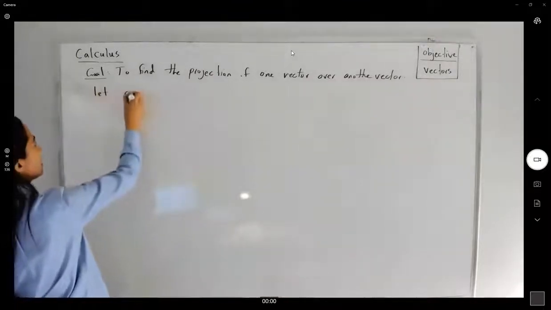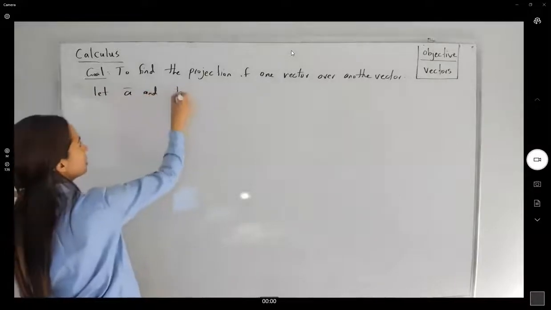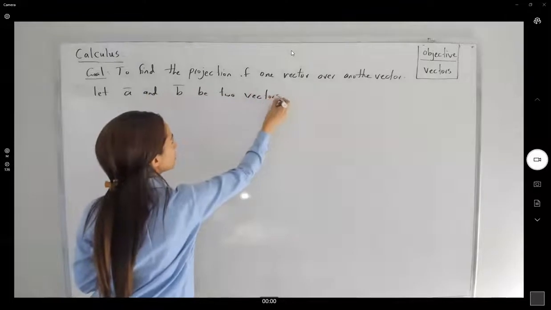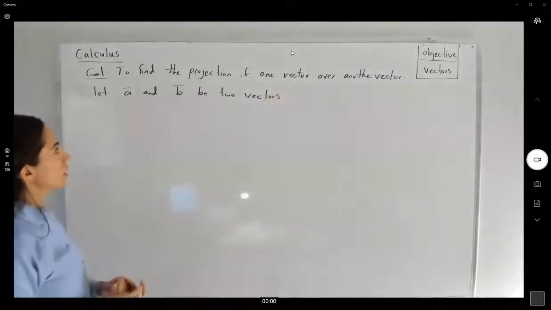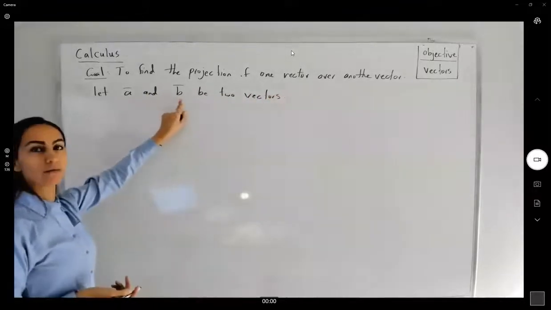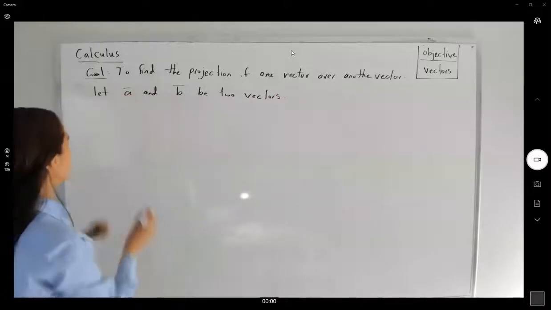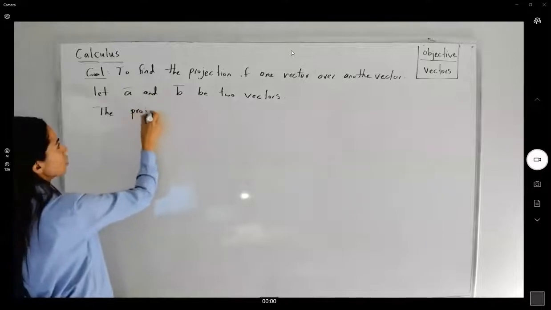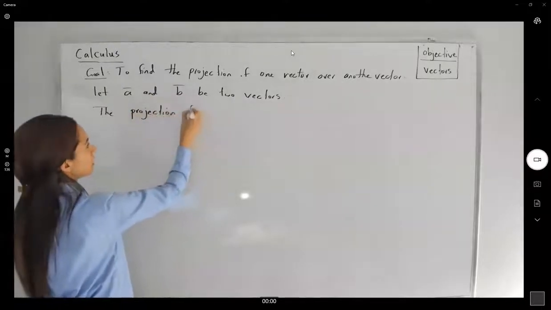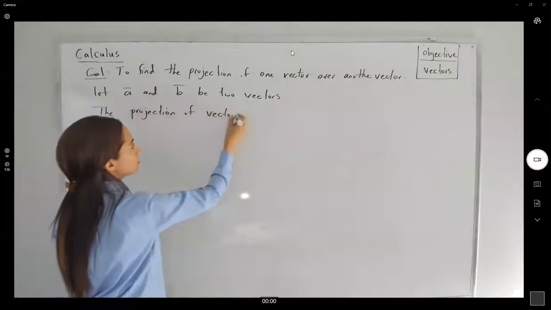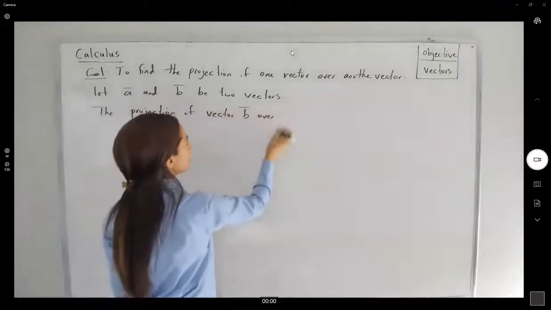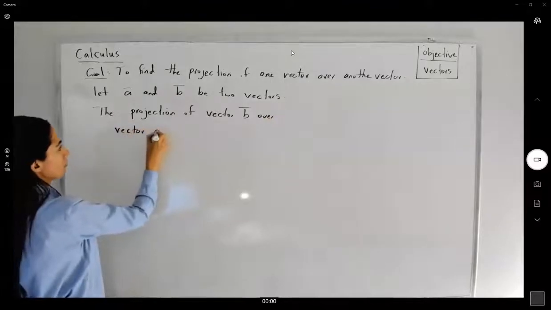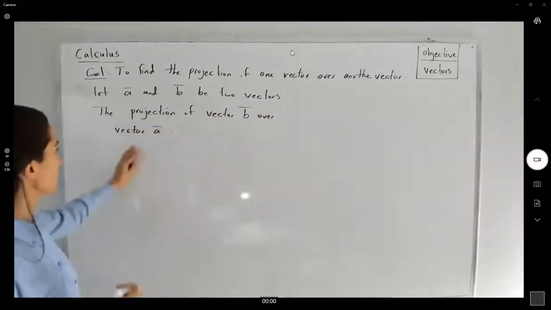Let A and B be two vectors. We want to find the projection of vector B over vector A. The projection of vector B over vector A can be calculated this way.